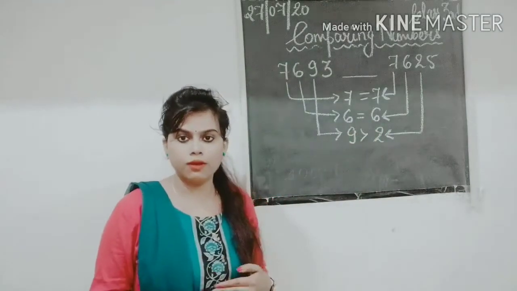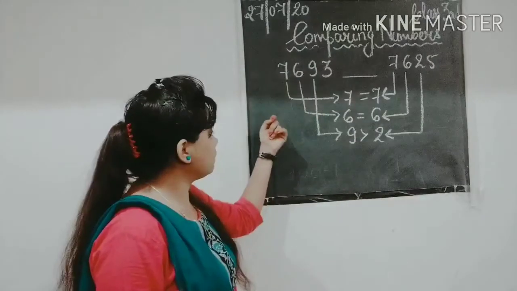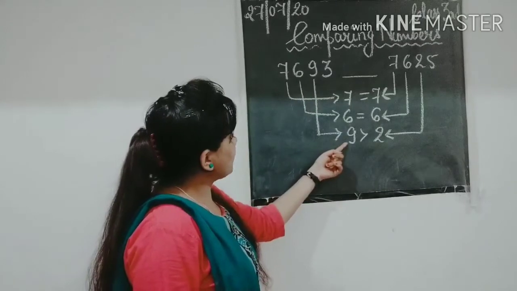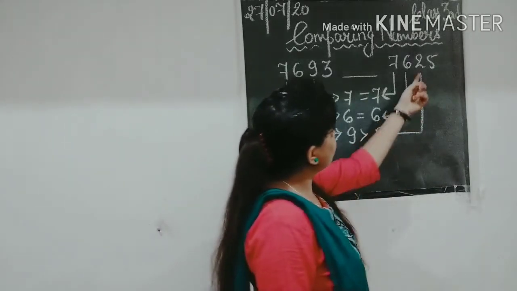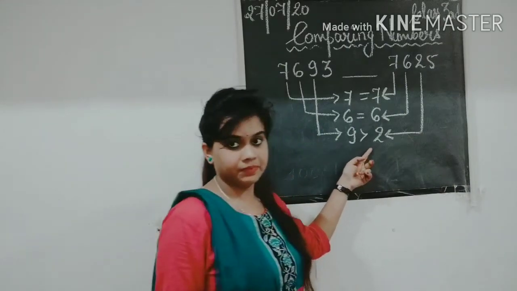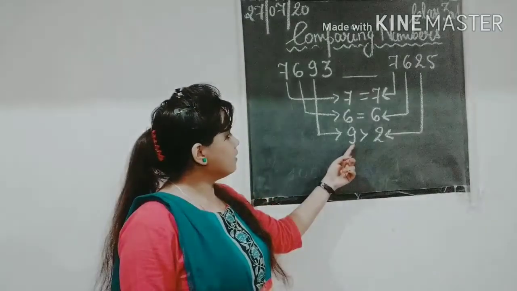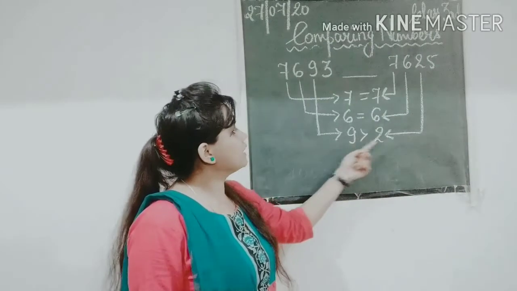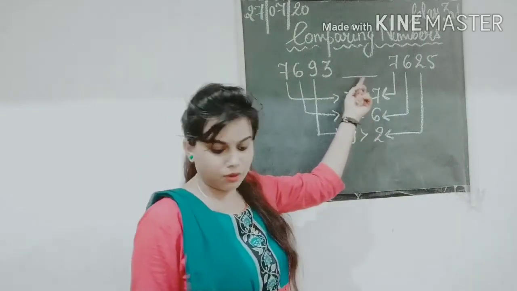We have to move further to the tens place. Now see here. In the tens place 9 is there, and here in the tens place 2 is there. So 9 is greater than 2.